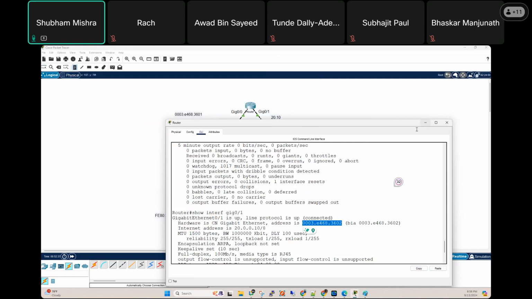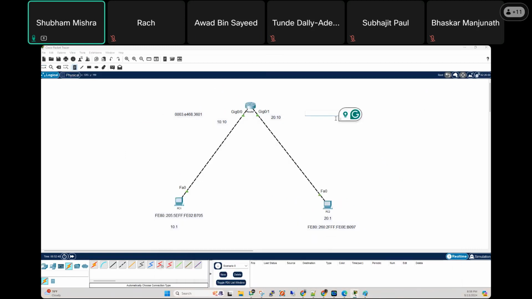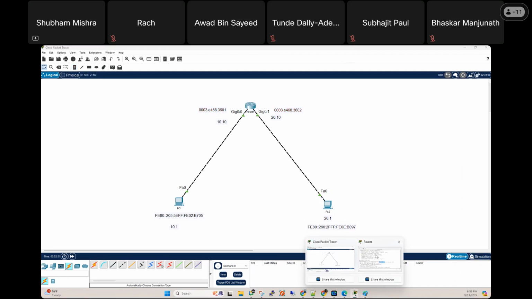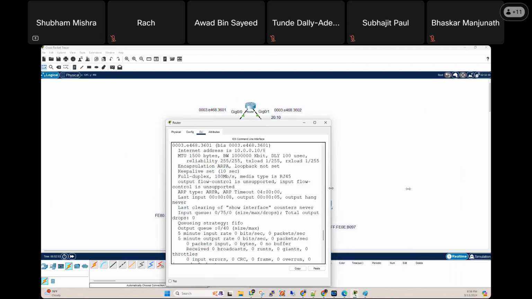Got it. It means this is the MAC address for this interface and this is the MAC address for this interface. Clear, everyone? Yes.